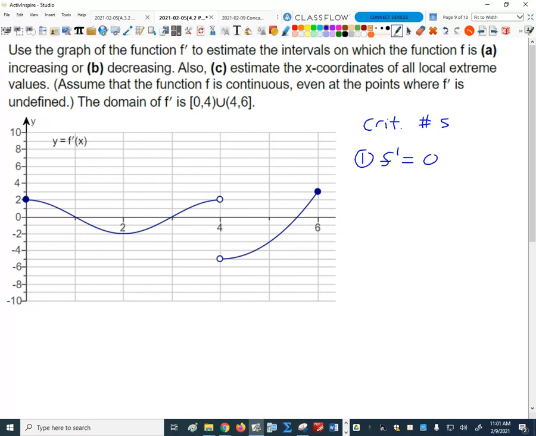Just type them in chat. Should be getting answers from everybody. Where is the derivative equal to 0?